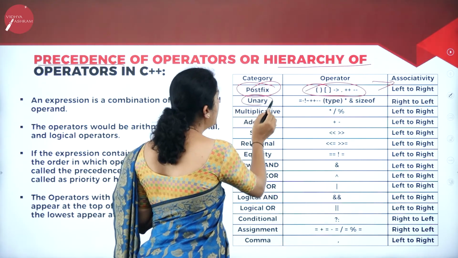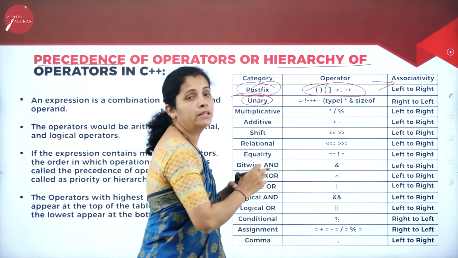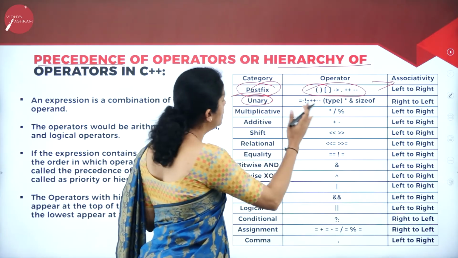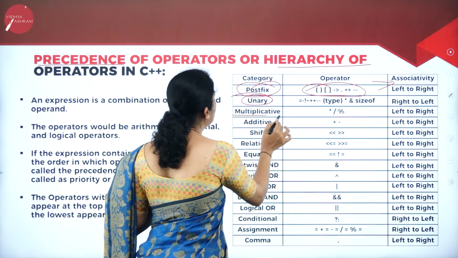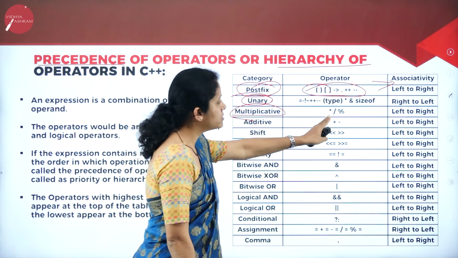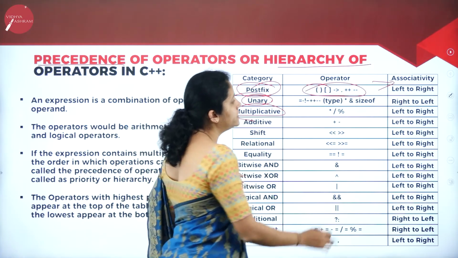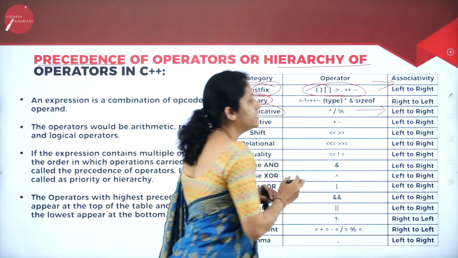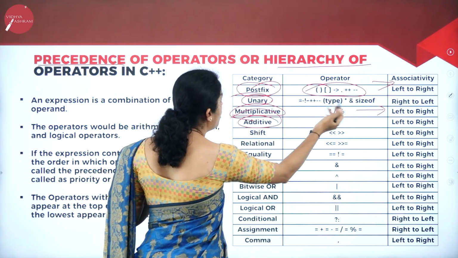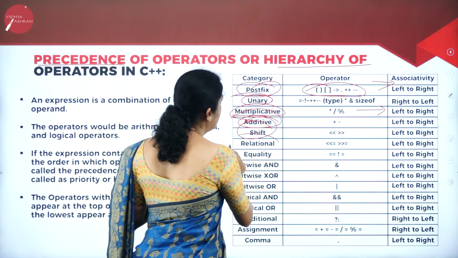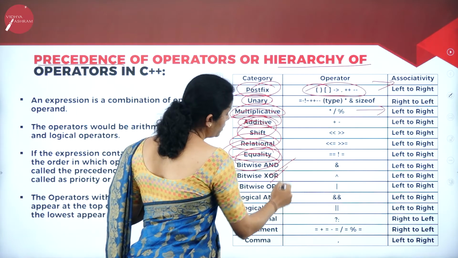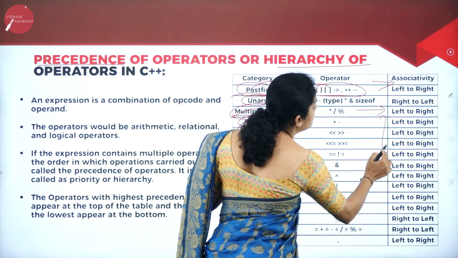And if I'm going to have the unary operator, then how am I able to evaluate, that is from right to left. And if I have multiplicatives like asterisk, forward slash or mod, then how am I going to evaluate, that is from left to right. For addition or subtraction or shift, relational, equality, bitwise AND, XOR, OR, here what is the evaluation?